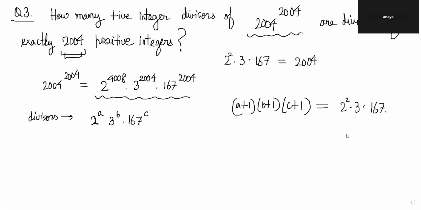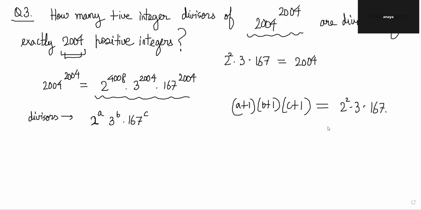The possible values are going to be 2, 3, and 167. One possible combination would be 2, 2, and 501. So a plus 1 is 2, b plus 1 is 2, and c plus 1 is 501, which gets the 3 and 167.